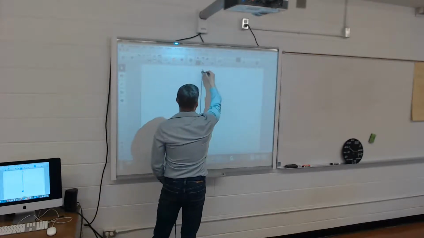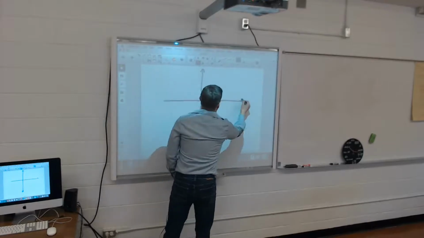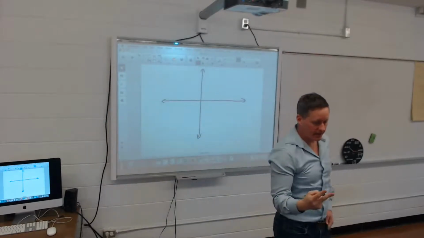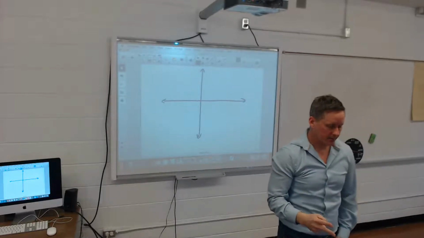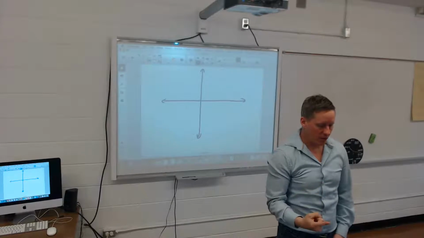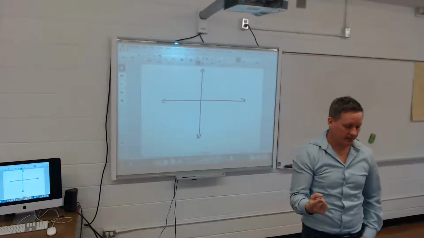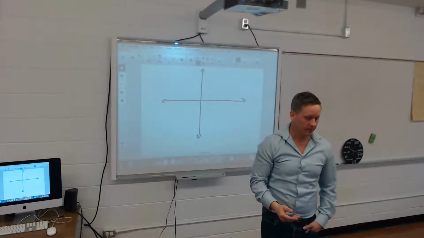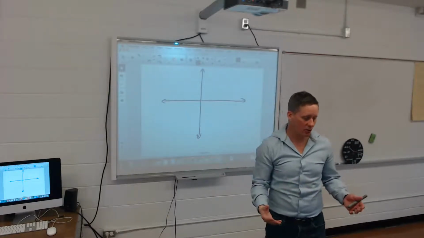So what I need in order to draw any line, I either need two coordinates, which I can draw a line through them, or I need one coordinate and the slope to find out how to get to the next coordinate, which essentially then gives us two coordinates.